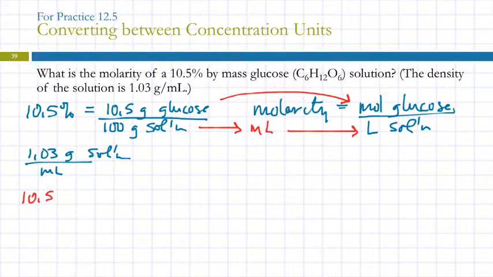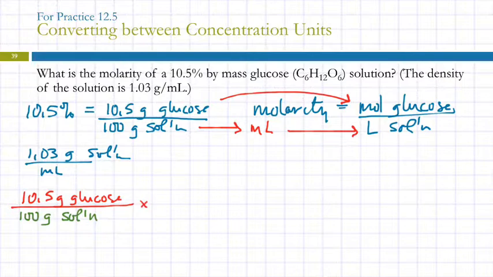So we've got 10.5 grams of glucose per 100 grams of solution. I'll use a different color, green, for the 100 grams of solution. So we're converting two different things. We're converting grams of glucose to moles, and then separately, but in the same equation, we're converting grams of solution into liters. Let's do the top one first.